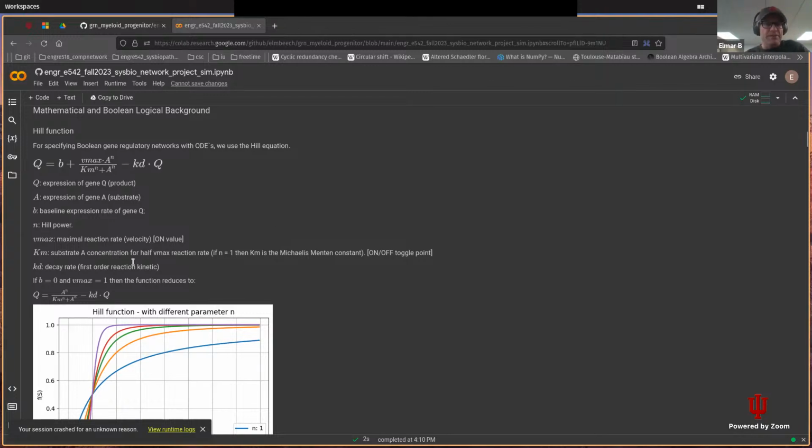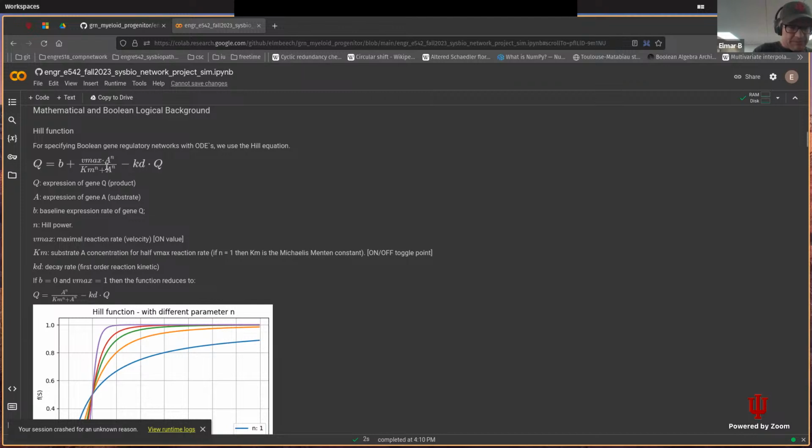We use Hill functions, and the Hill function here has the output Q, with a baseline noise of our product, which is Q. Then we have this formula that has the maximal expression of gene A, but it would actually be the substrate.